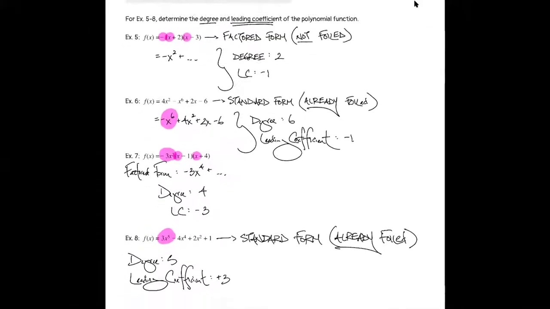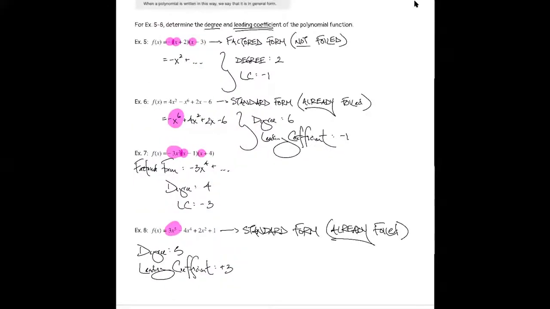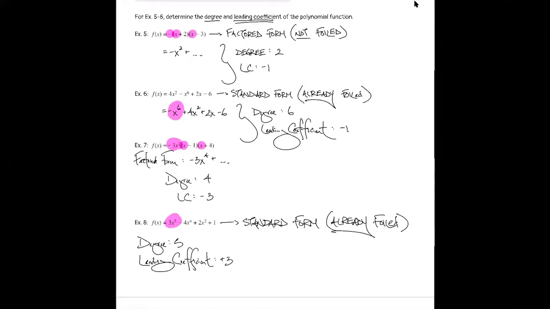All right, so I know this has been a jam-packed Monday session, but this should get you through everything you need for quiz number 5. So a little bit on determining the degrees and the leading coefficients, some stuff on our complex numbers with the i, remember, so i squared is going to give you -1.